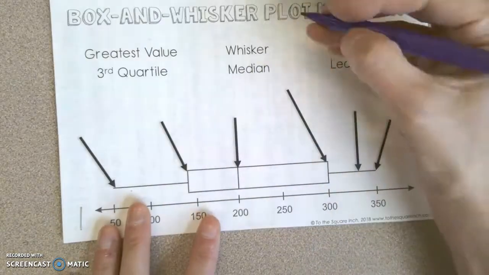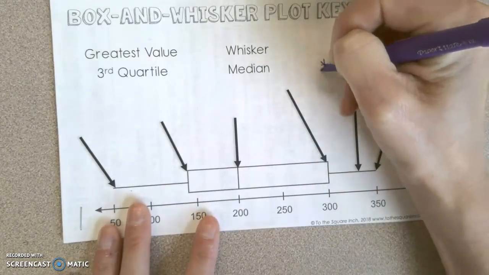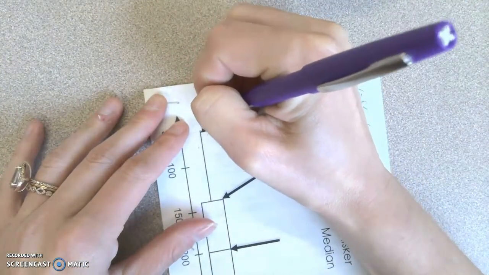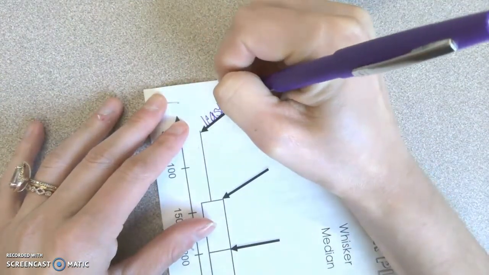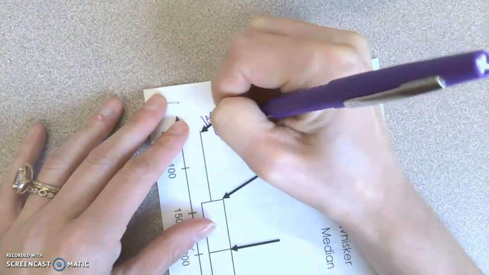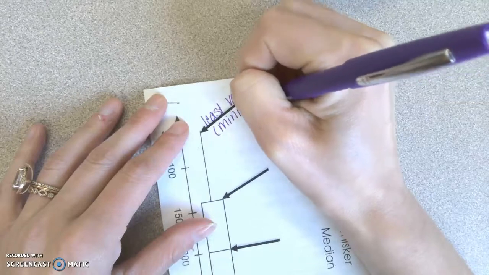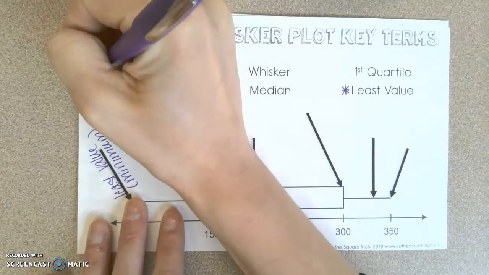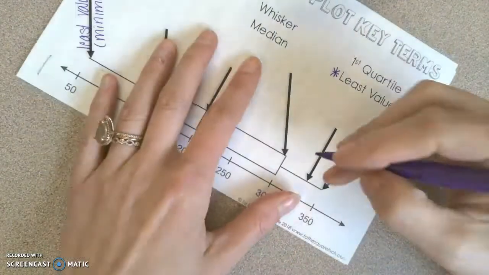So the first thing we have is the least value, and so that's this here, least value, the smallest number. Sometimes you'll see that called the minimum. And then we also have the greatest value. So that's this one down here.